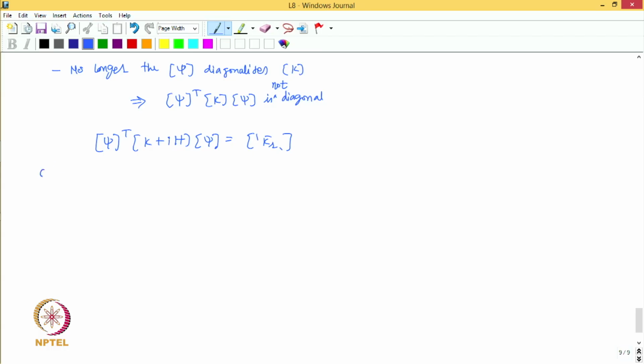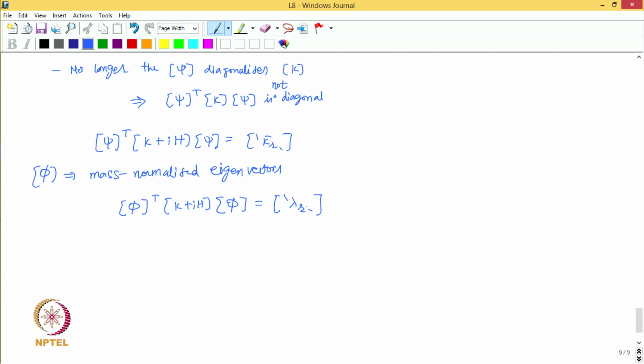If you use the mass normalized eigenvectors, right, let us say these are the mass normalized eigenvectors, then mass normalization can be done using the modal mass, and then we can write this as K plus I H phi, okay, and now this becomes a matrix of eigenvalues, right, and this is a complex eigenvalue matrix because these eigenvalues are complex.